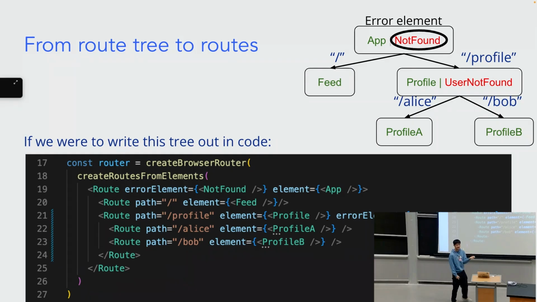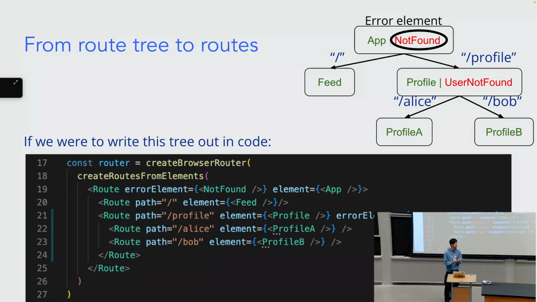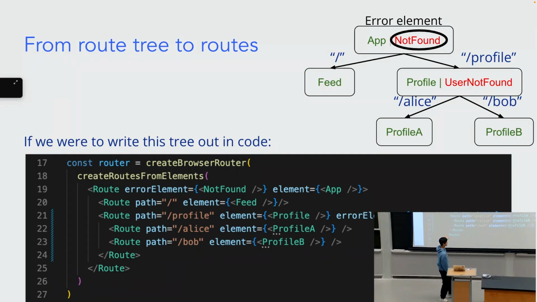This is the first example that we've seen of a router tree of depth more than 1. But I'll skip past this, and if you want to look more at it, you can come back to it later. But this code is just going to map out into this tree basically.